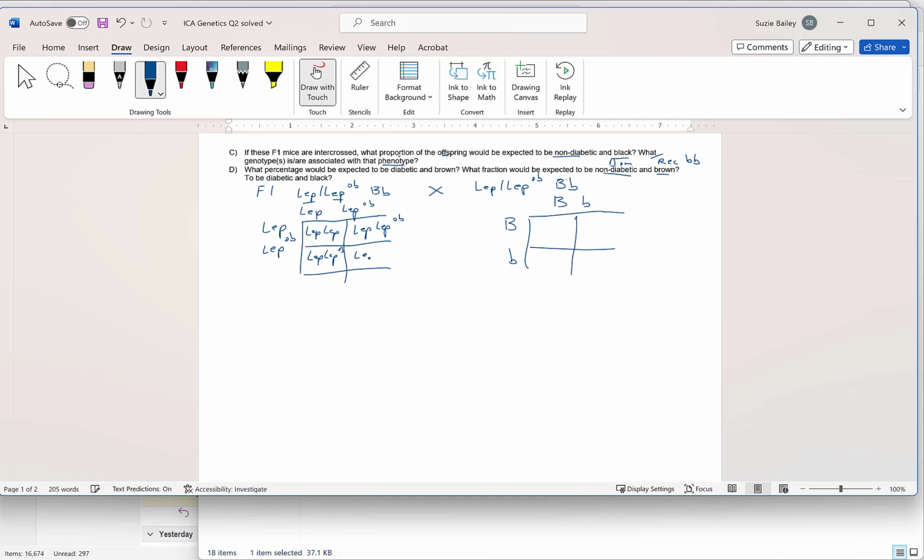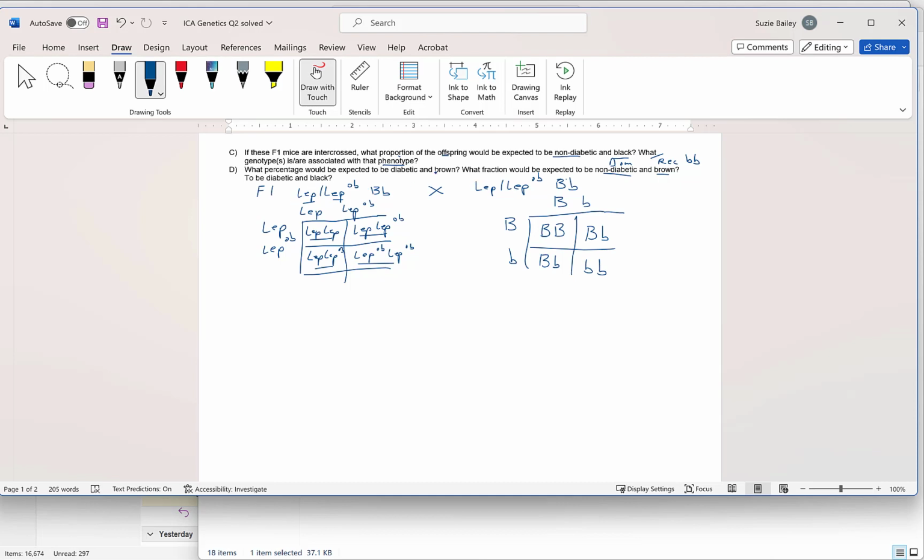We can see that this is just the same pattern of homozygous dominant, heterozygous, homozygous recessive in 1 to 2 to 1 ratio that we expect to see with this kind of heterozygous cross, right? Likewise over here, 1 out of 4 homozygous dominant, 2 out of 4 heterozygous, right?